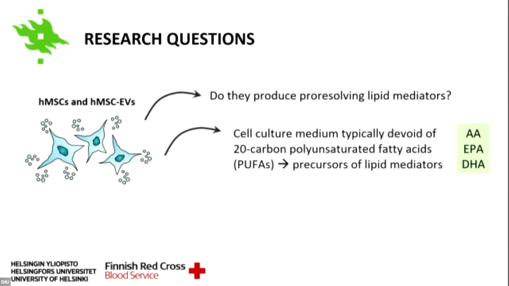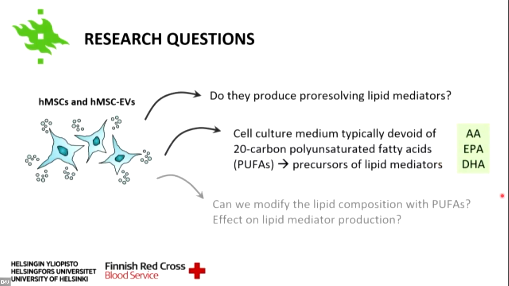Typically when we culture cells, we just put FBS there, and it's devoid of these 20-plus carbon polyunsaturated fatty acids. So it's devoid of arachidonic acid, EPA and DHA.